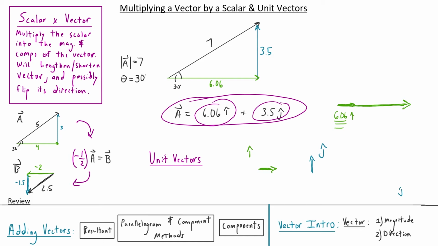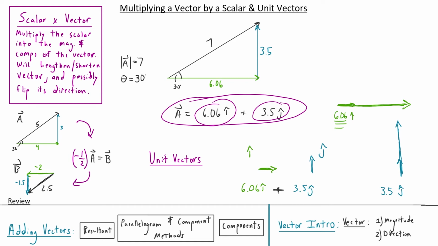Let's imagine our j hat, that's just a vector of length 1 in the y direction, and let's multiply this vector by a scalar of 3.5. Well, that's going to lengthen this by a factor of 3.5. And now let's say I want to take these two vectors that I've assembled and add them up.